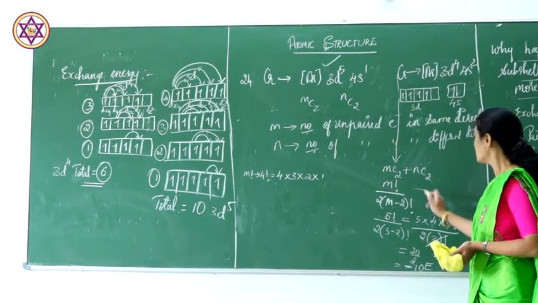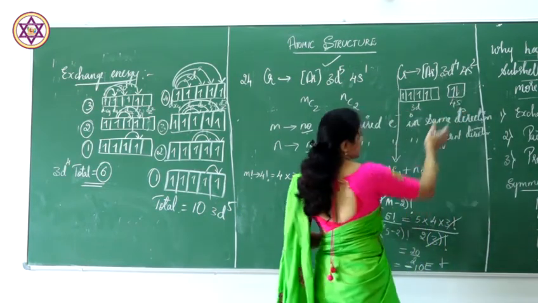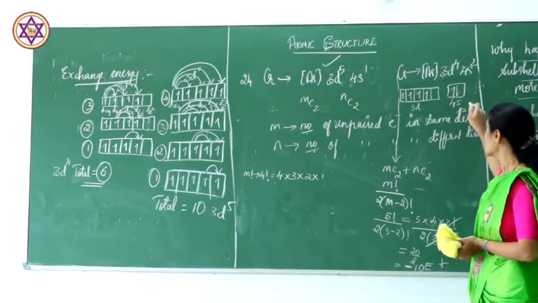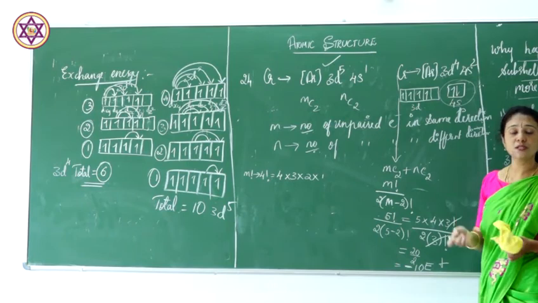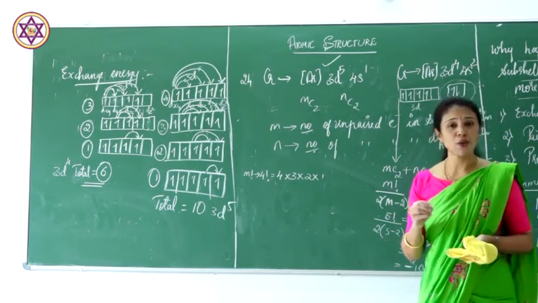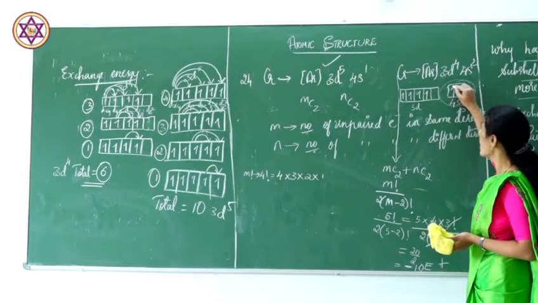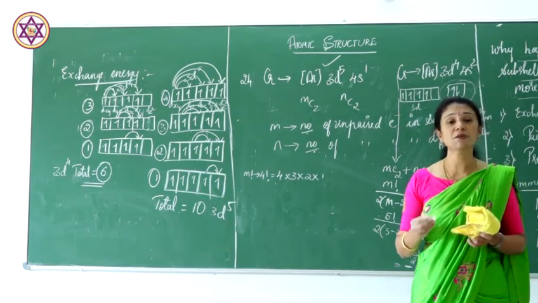Next, coming to plus Nc2. In this 4s subshell, you can see that there are 2 electrons in opposite spin, and energy is required for the 2 electrons to be in opposite spin. That energy is nothing but pairing energy.